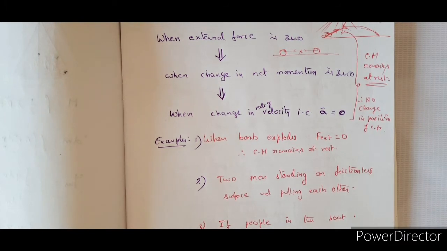The net change is zero when only internal forces or internal collisions are taking place. So internal forces can never change the state of motion or rest of the center of mass. The center of mass will be in the same state.